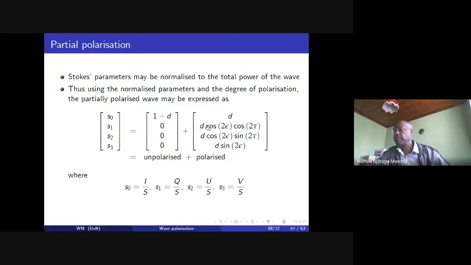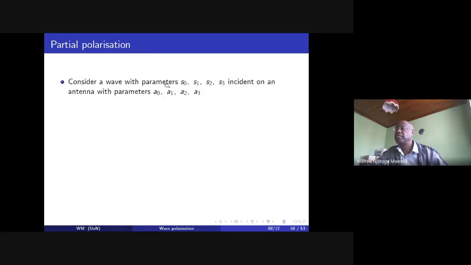For the polarized component, we have that value there, where S0 is just I divided by S. S1 is equal to Q divided by S, and S2 equal to U over S. Remember, S was given as Sx plus Sy, and therefore I is just the value there, and we get the others as defined.